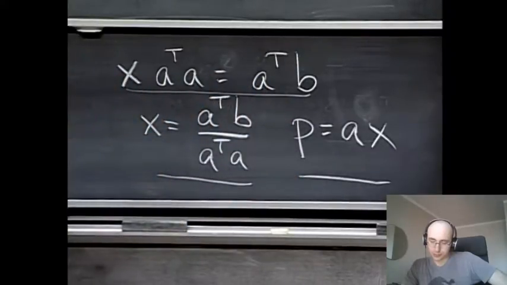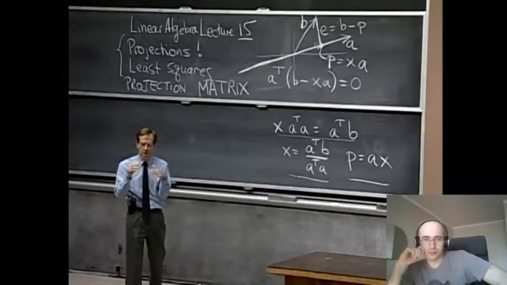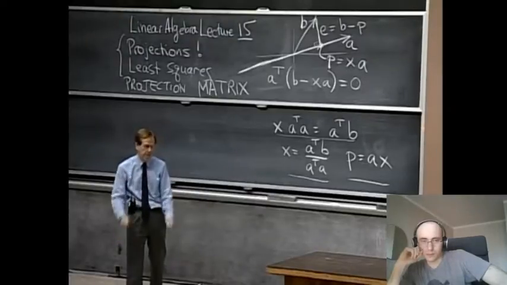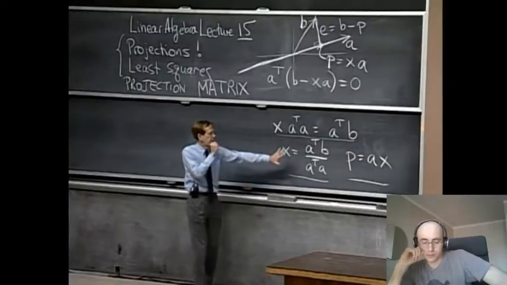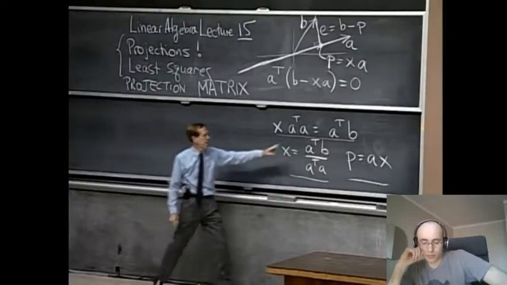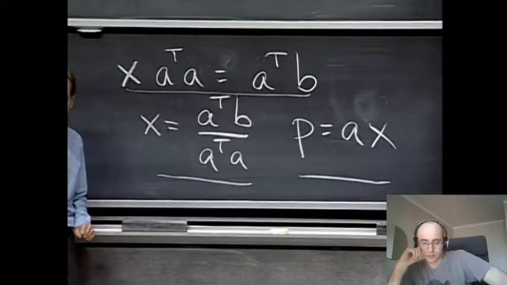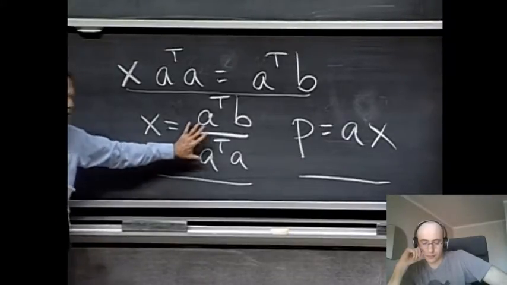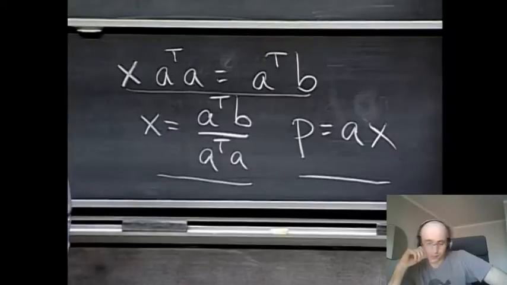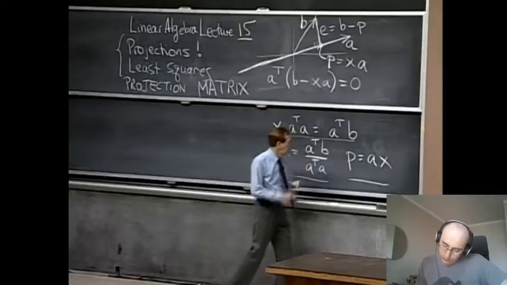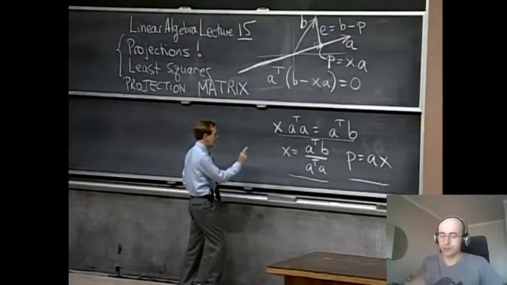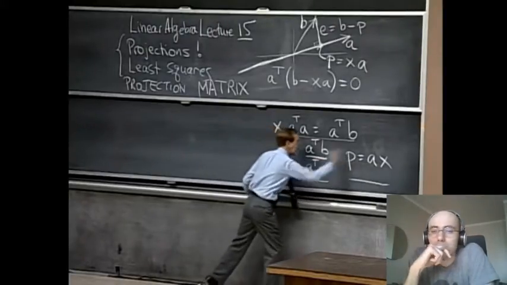Okay, can I add just one more thing to this one-dimensional problem? One more, like, lift it up into linear algebra, into matrices. Here's the last thing I want to do, but don't forget those formulas: A transpose B over A transpose A. So P is A times x.